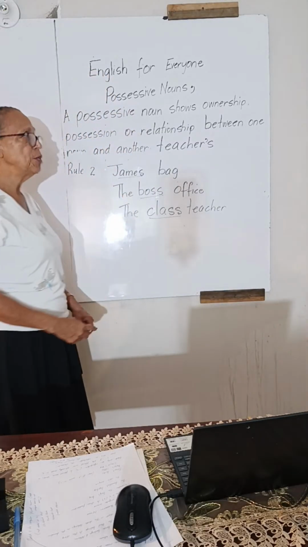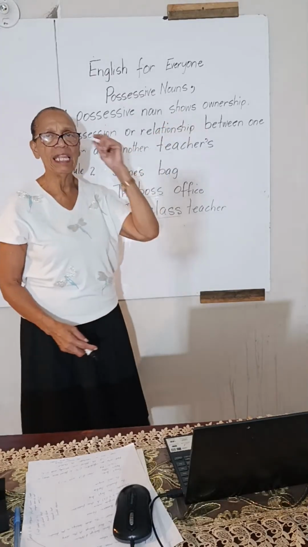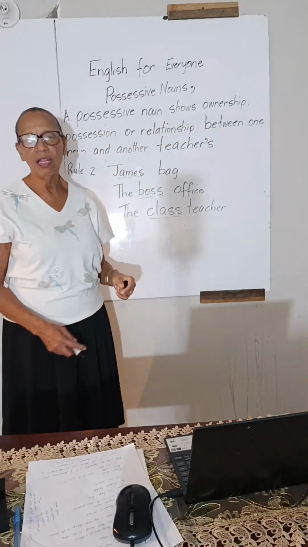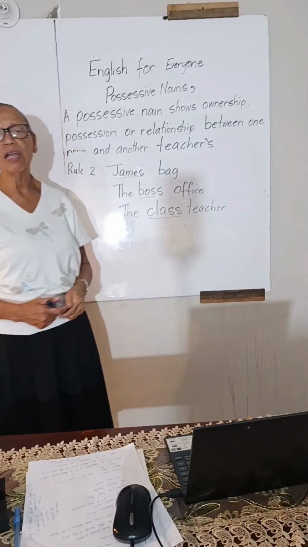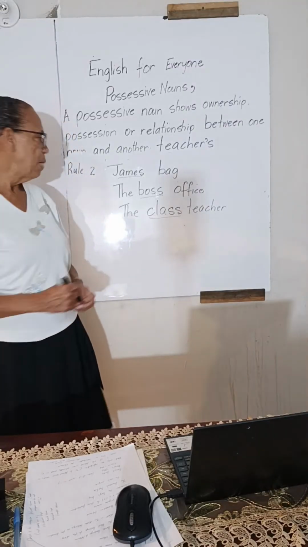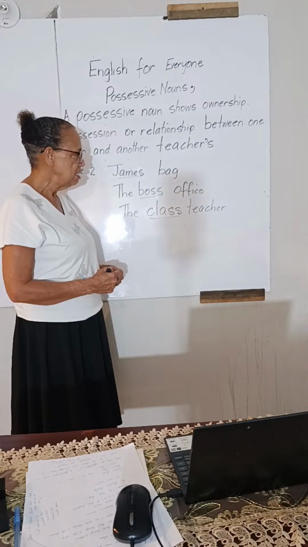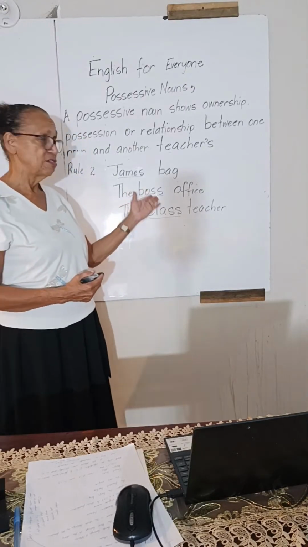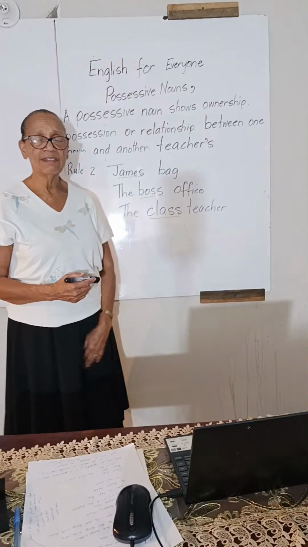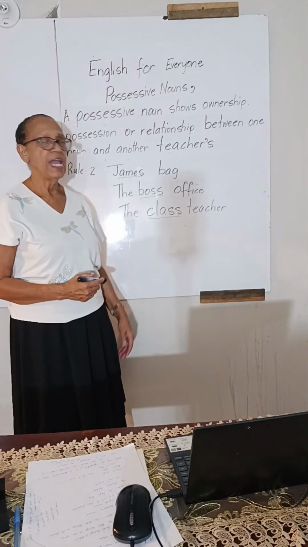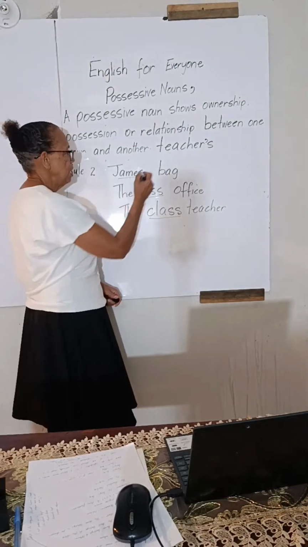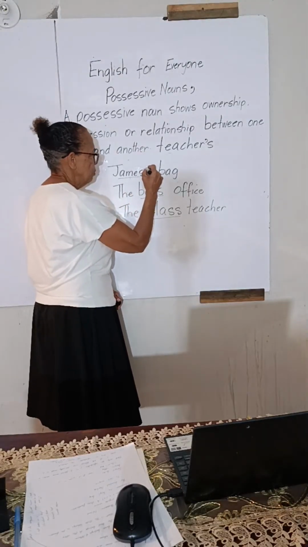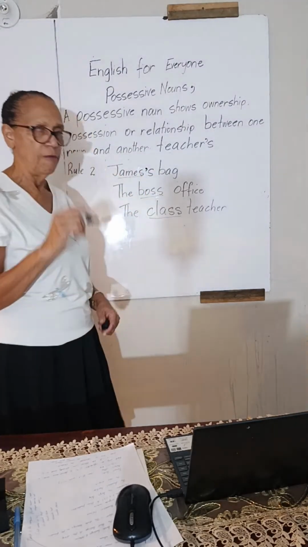Now, if I'm going to put on the apostrophe, which is that little symbol, where do I put the apostrophe? Do I put the apostrophe at the end, or add another S because it already has an S? Yes. We're going to say James's. So you have to put another S when it is singular.